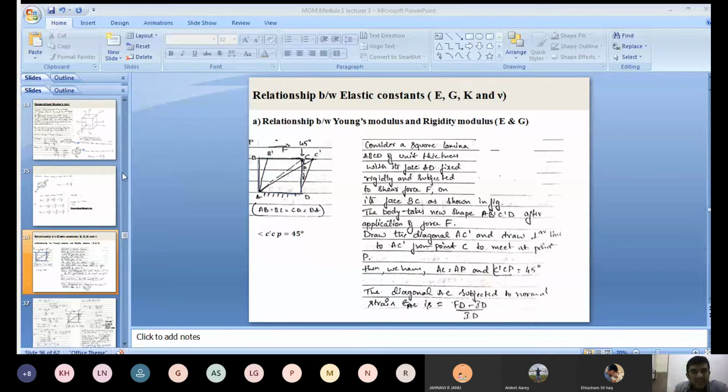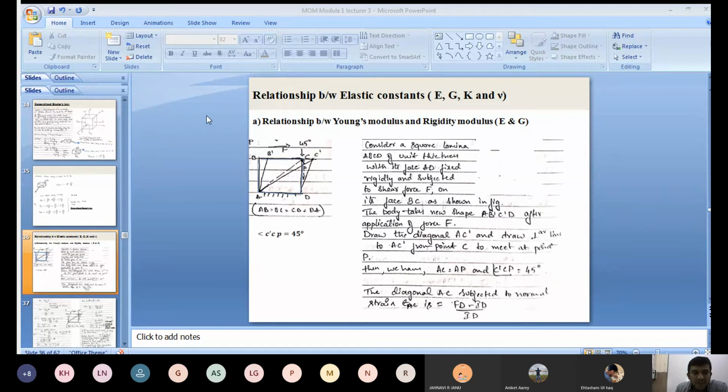Earlier it was AC; now, with the shear force acting on the BC surface, AC becomes AC dash. The change in dimension takes place only along the diagonal, meaning the diagonal increases, right?